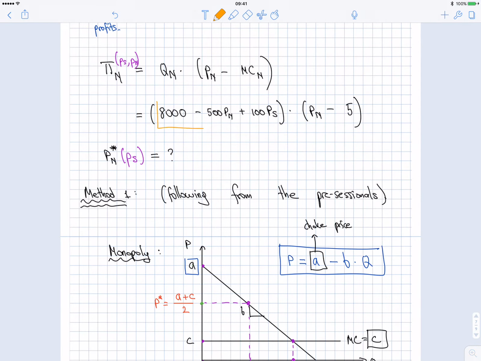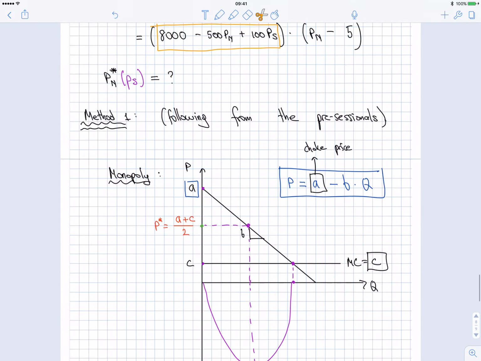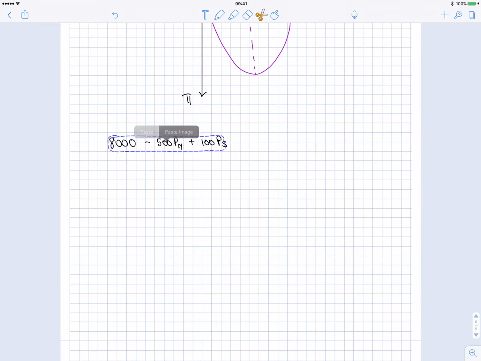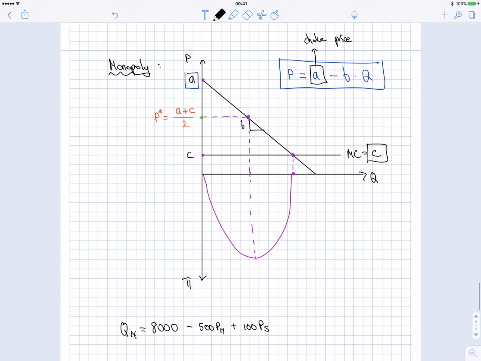This bit here is my Qn. Agree? This is my demand function, and I'm going to treat PS as constant. Well, this is a bit unsatisfactory for me because I would like to know what the A is.